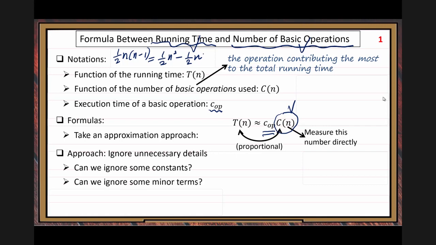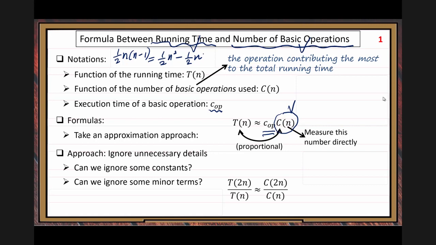Can we ignore some minor terms? How minor? We will see. Let's answer these questions before we do simplifications.